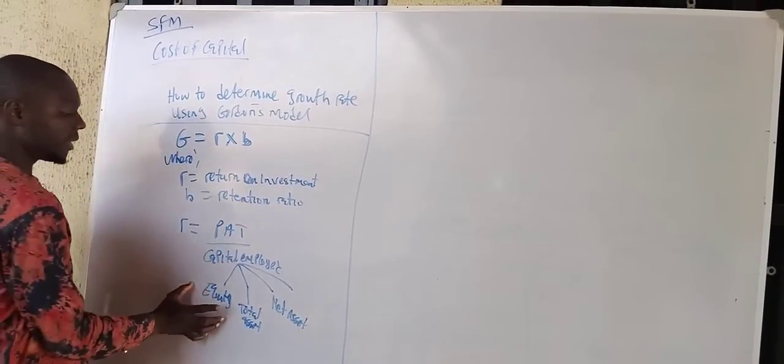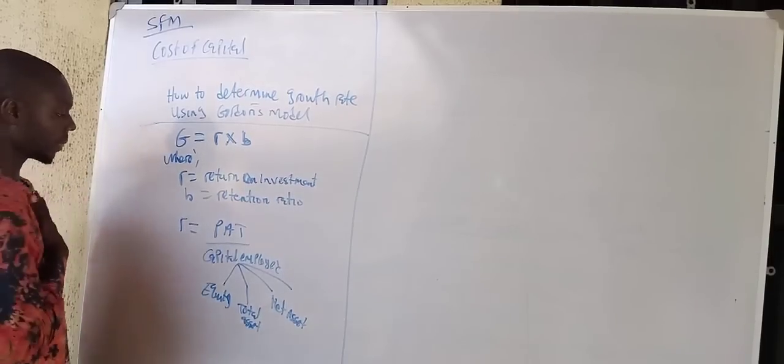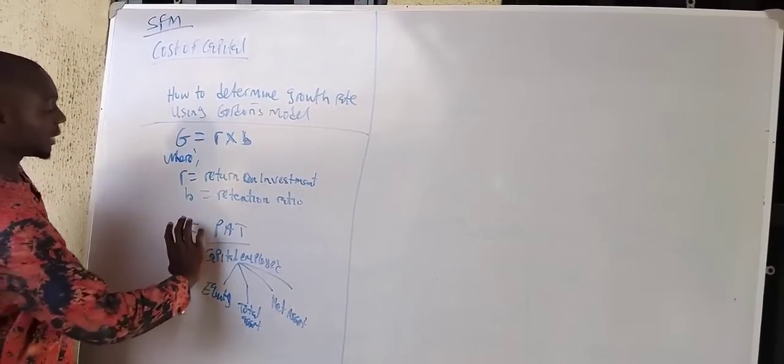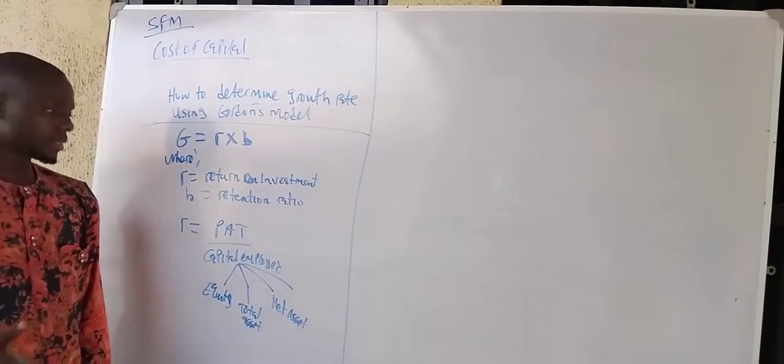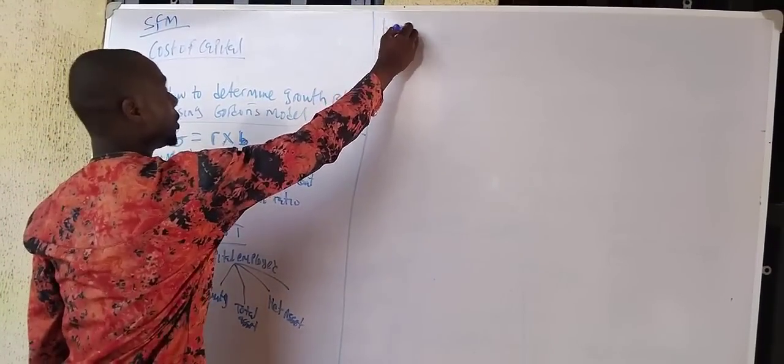So it could be defined as this or this or this, depending on what is given in the question. That is how to determine the return on investment. Now, where B is retention ratio.